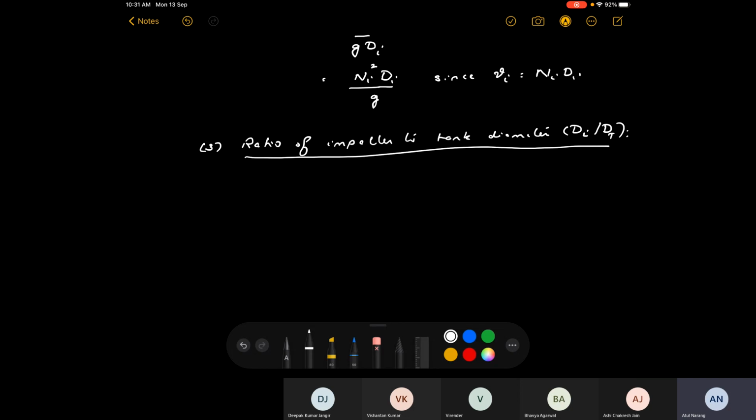So how do you now classify the behavior? Well, here is the formula. This is the typical type of formula you get. This is for a Rushton impeller, and you would have similar formulas for other impellers.